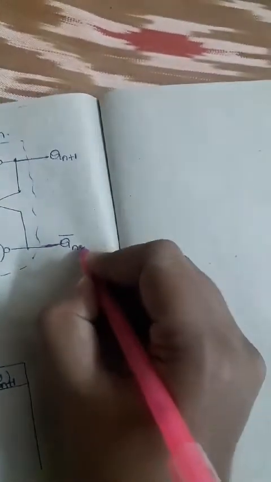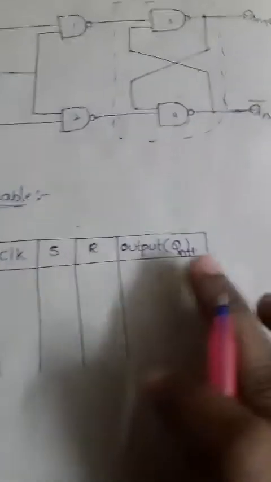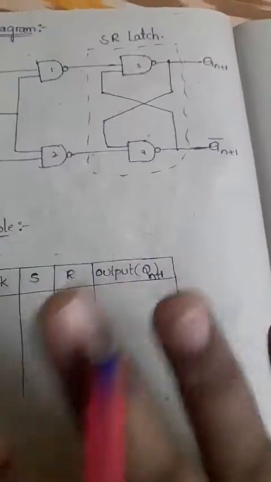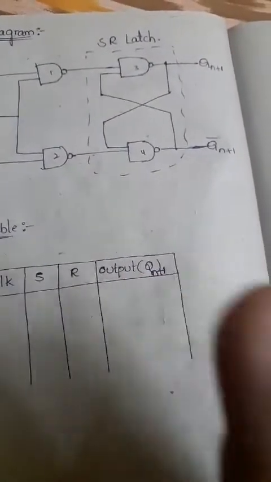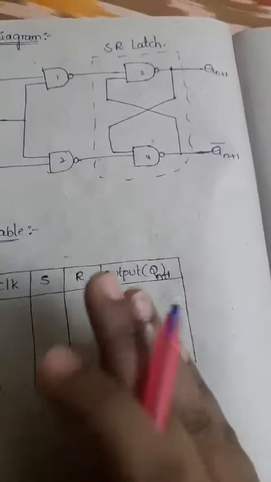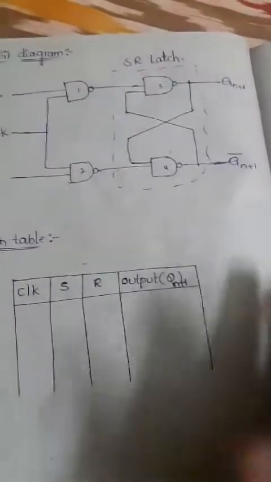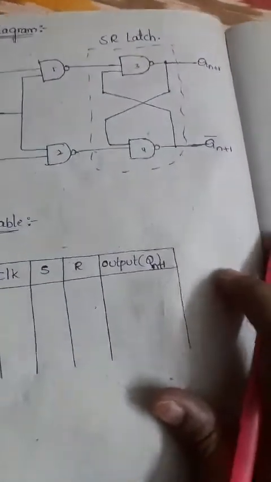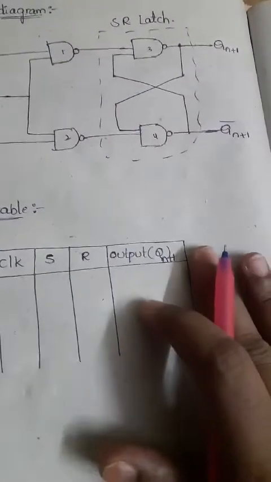We don't know the present state values, because a sequential circuit output depends on the present input as well as the past output. So that past output we should consider here also.